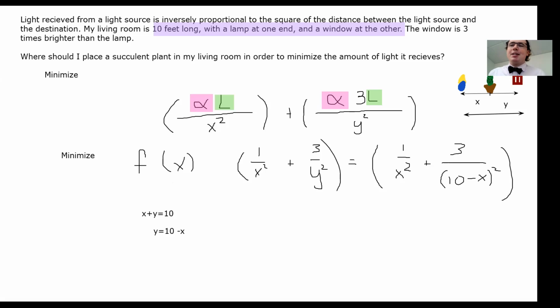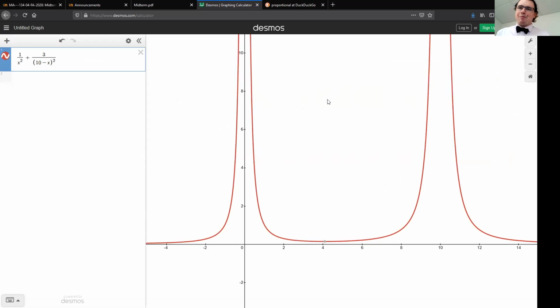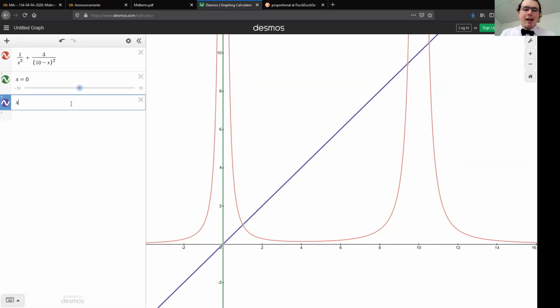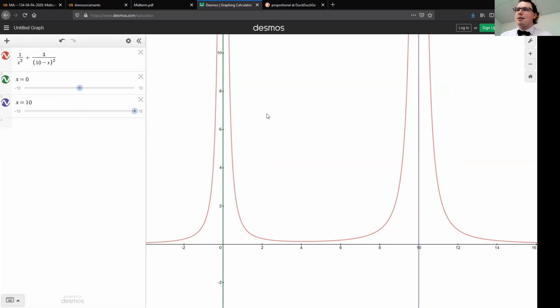So let's actually take a look at what this function would look like. So this function looks like this. Now there's a couple things to notice here. Obviously, I have these two infinite discontinuities, these two vertical asymptotes, and those are exactly at position x equals 0 and x equals 10.